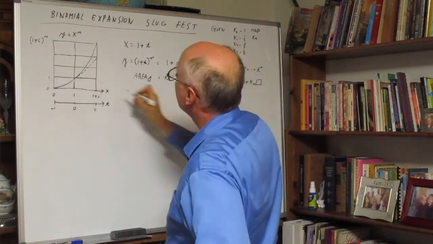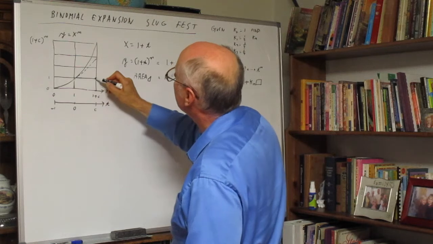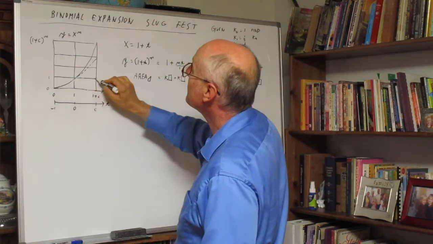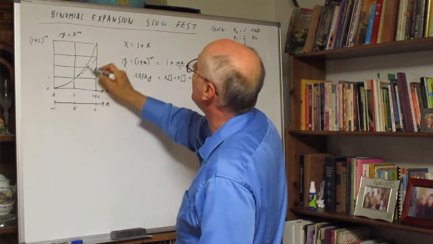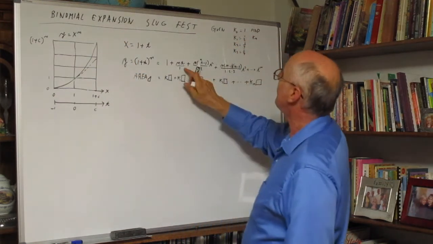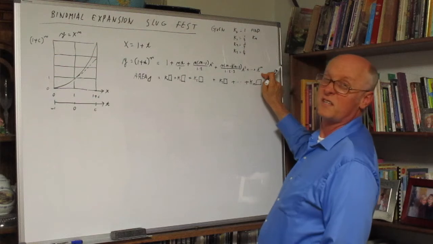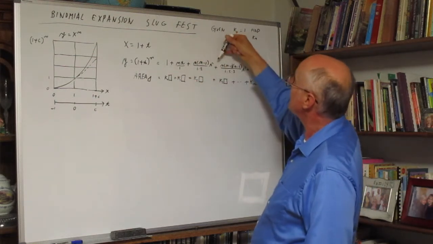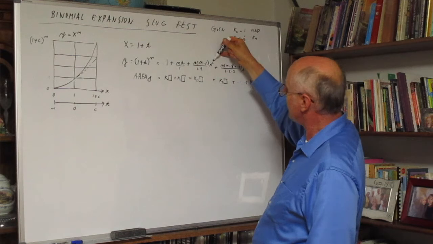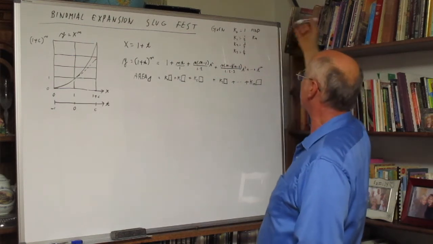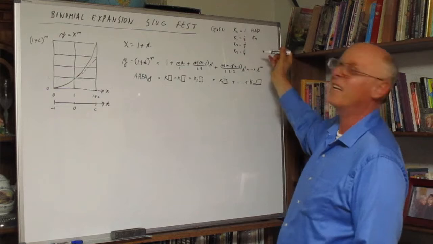These would be a linear term right here. No, a constant term, a linear term, a quadratic term, a cubic term, and so forth, all the way up to t to the n. Constant, linear, quadratic, second order, third order is cubic, dot, dot, dot, t to the n.